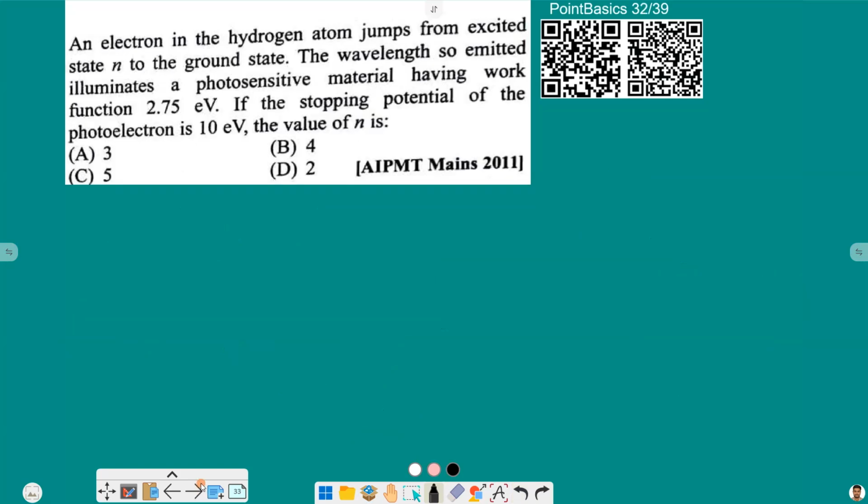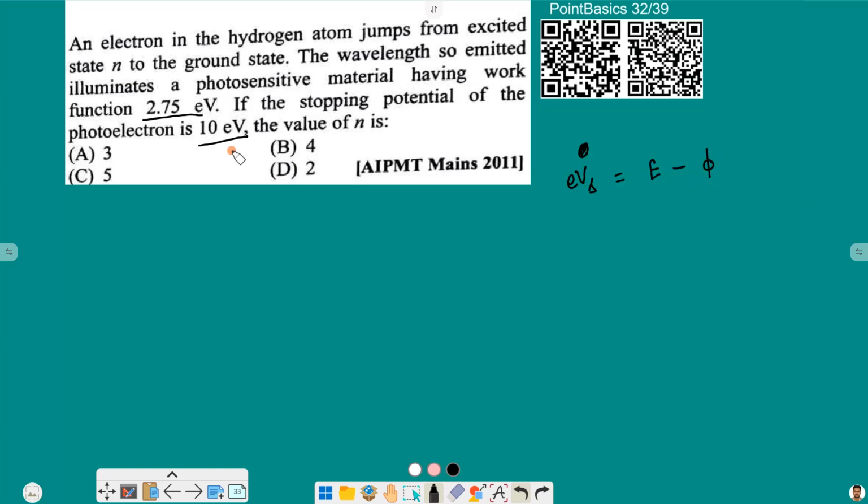Moving to the next one. An electron in the hydrogen atom jumps from excited state n to the ground state. The wavelength so emitted illuminates a photosensitive material having a work function of 2.75 electron volt. The stopping potential is 10 electron volt. We know that e times Vs, that is stopping potential, is equal to the energy of the photon minus the work function.